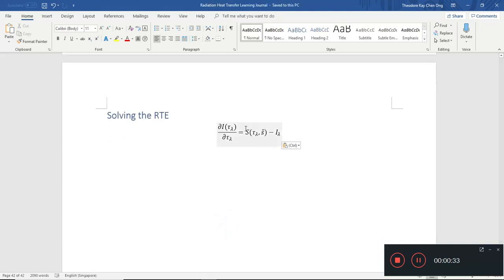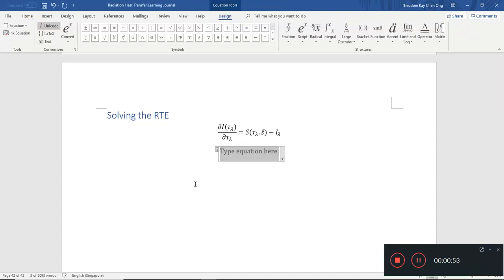Now I said before that this transport equation was not particularly useful because it hides a lot of detail if you want to solve for the real numerical value of the heat being transferred.